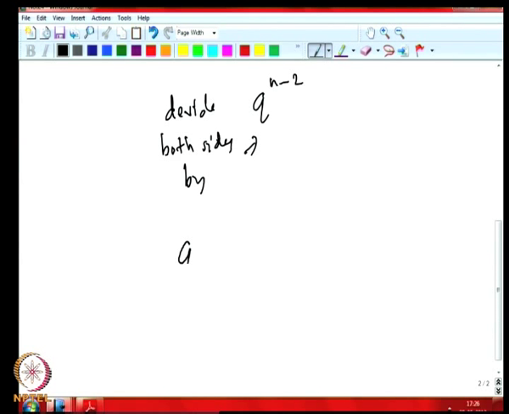So, what do we get? q squared minus q minus 1 equal to 0 is what we get. That q to the power n minus 2 was common to everything, so we divided it off on the 0 side, and on the other side also. Now, what is a possible value of q?